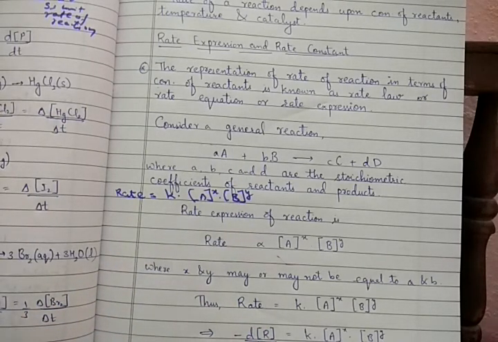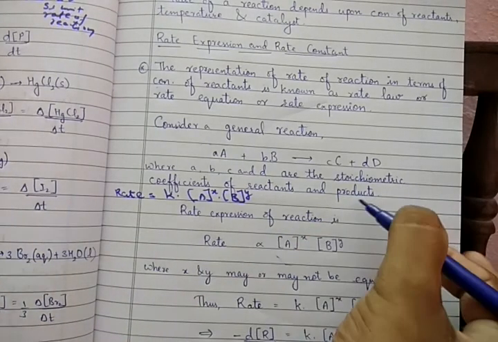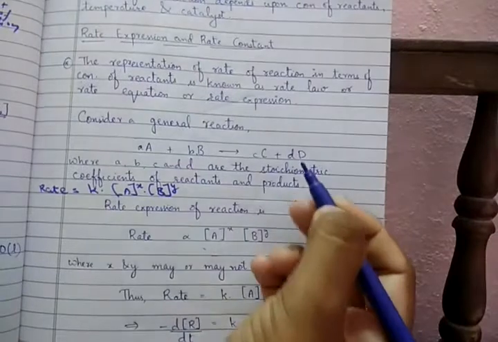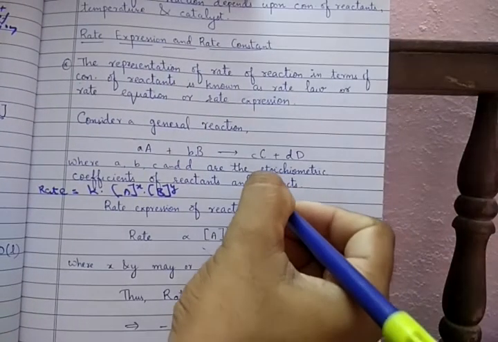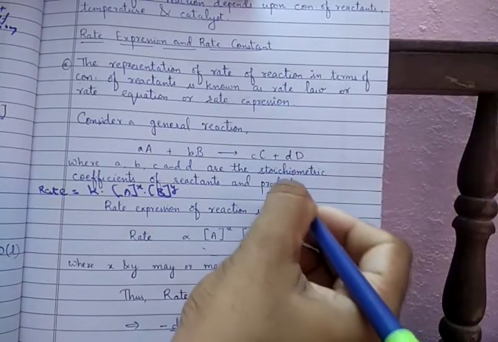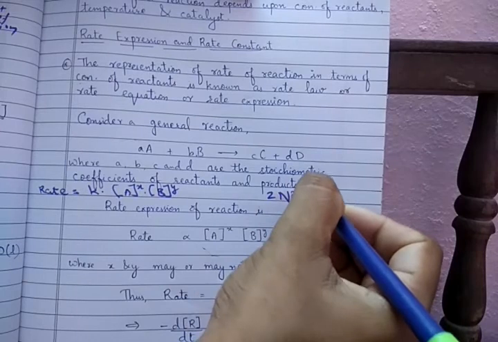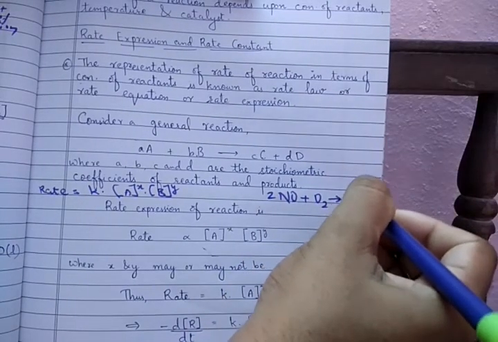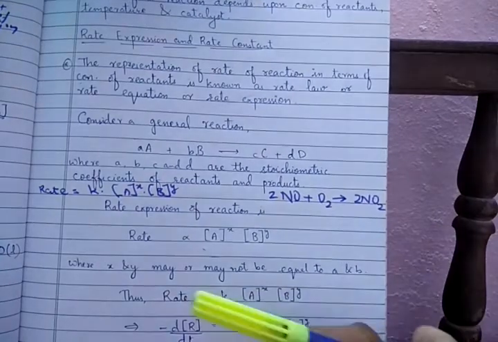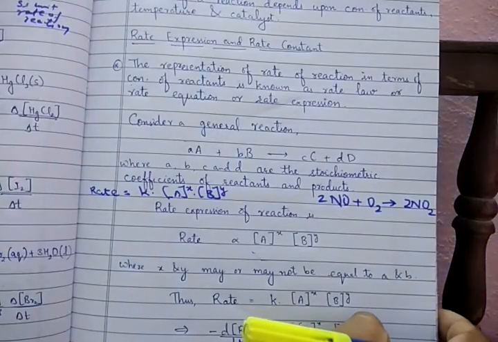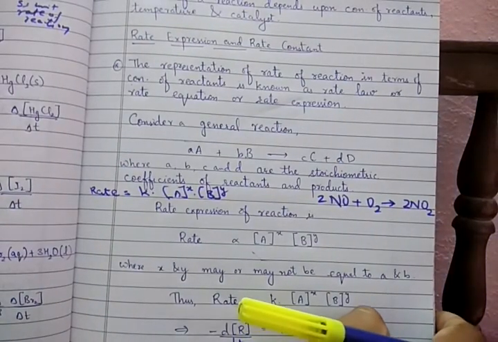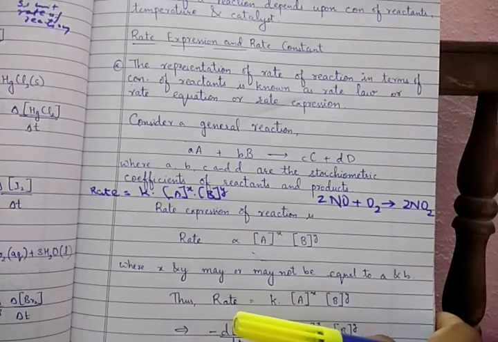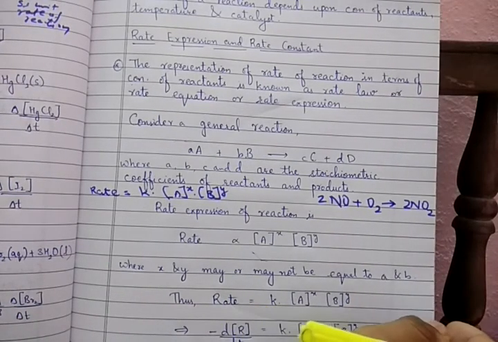Suppose we try it with an example. We have an equation, 2NO plus O2 gives 2NO2. Suppose this is the chemical reaction and you are asked to write the rate of this particular reaction.